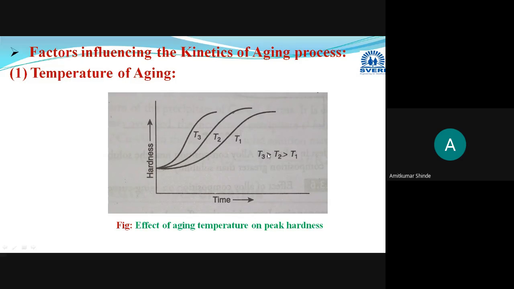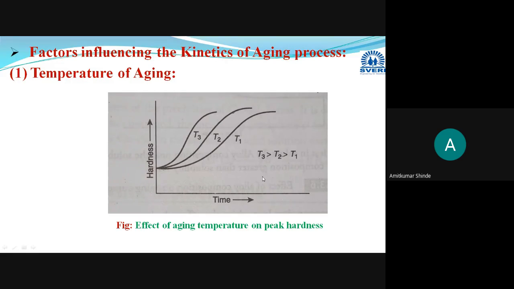For T3, the maximum temperature, the peak hardness obtained is lower, and the time required is also less. For T2 it takes a little more time and provides a little more hardness. T1 gives more hardness but takes more time.